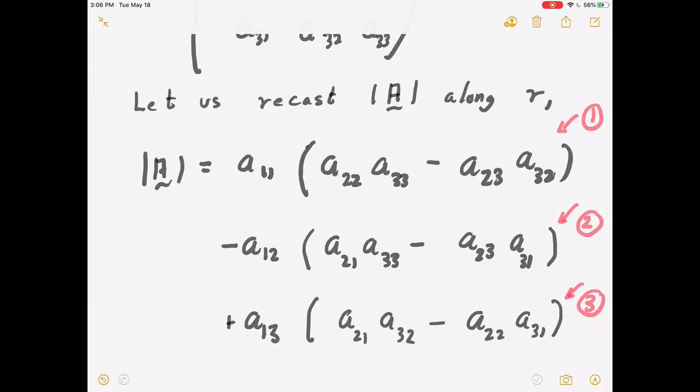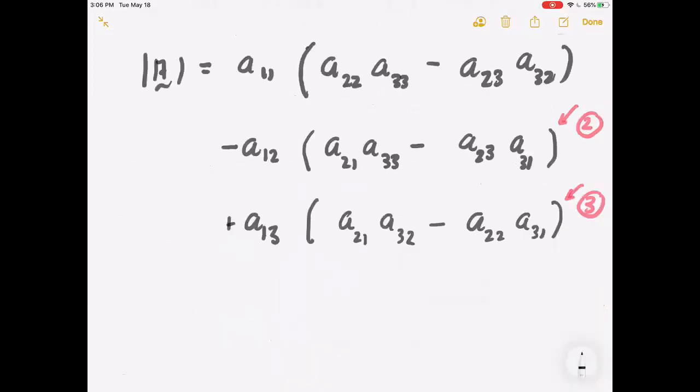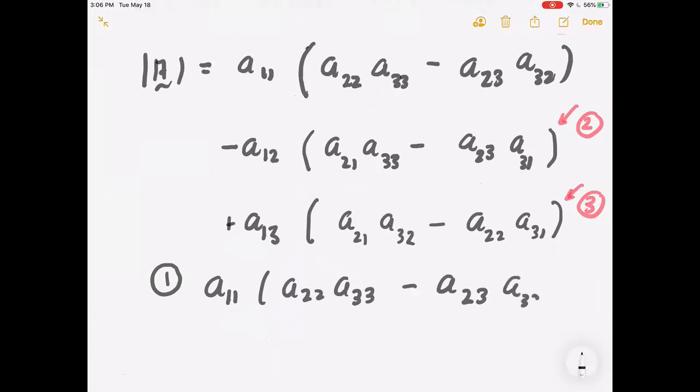And let me see if I can simplify each one of those terms. So term 1 is going to look like A11 times A22 times A33 minus A23 times A32.